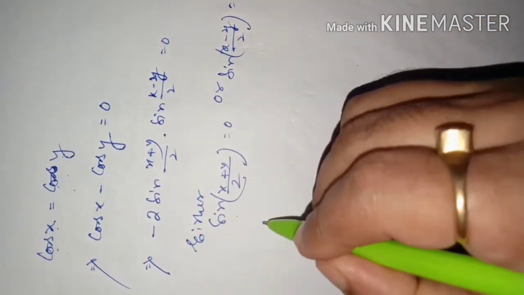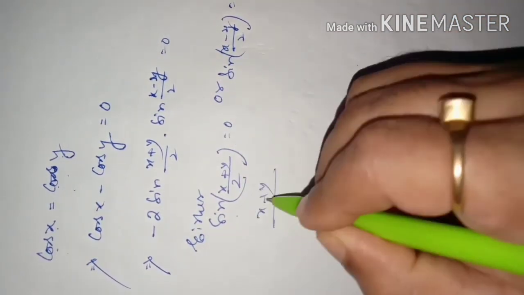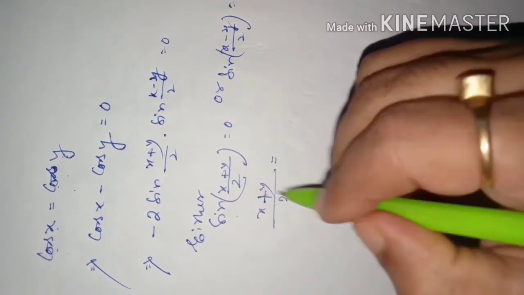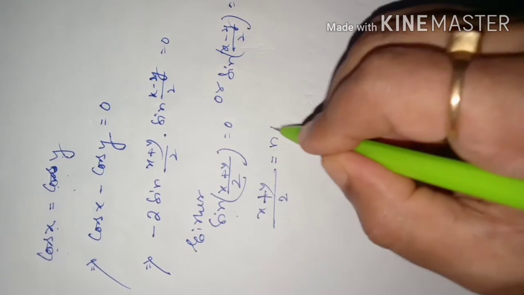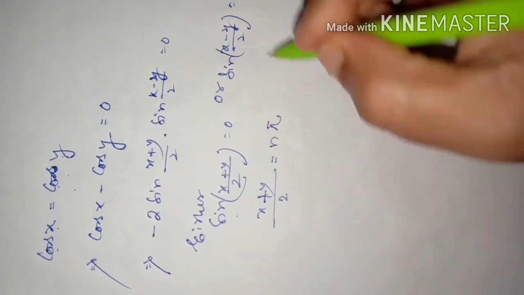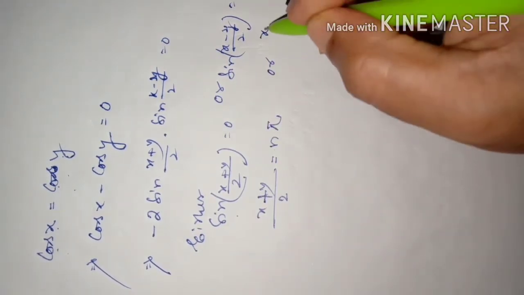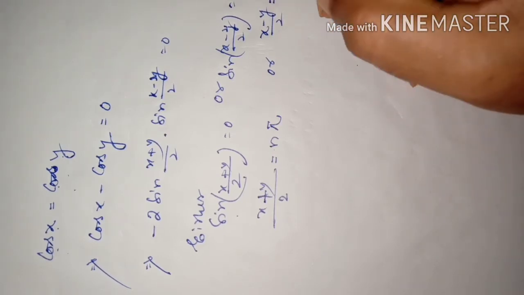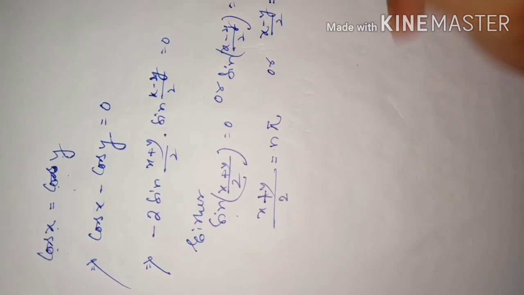Means you can say (x plus y) by 2 must represent an integral multiple of pi. Here also, (x minus y) by 2 should represent an integral multiple of pi, means n pi.